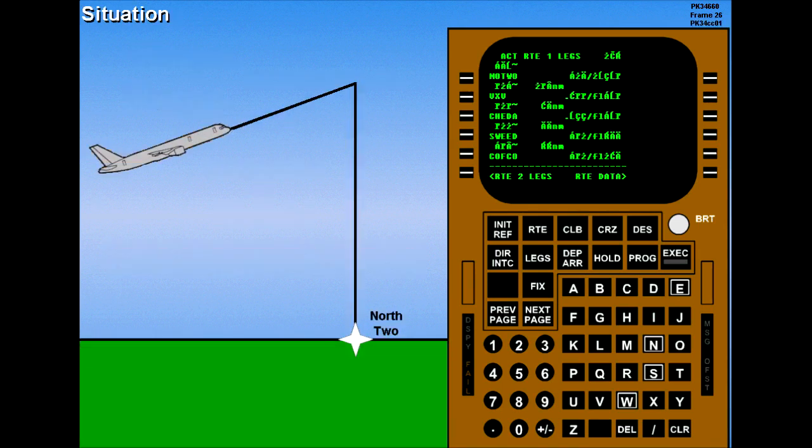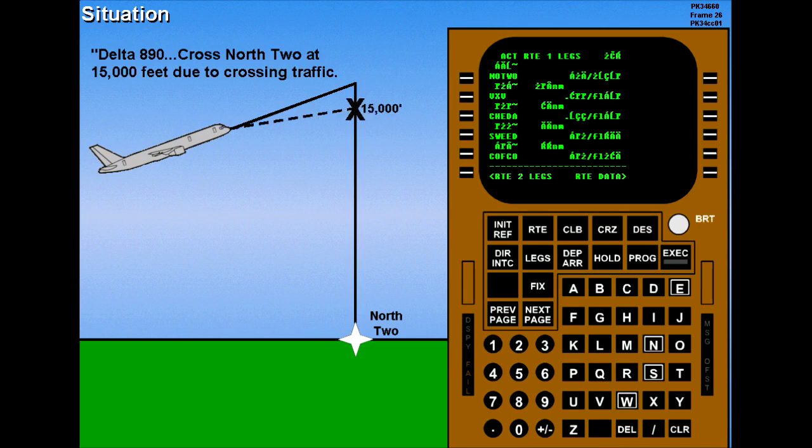In this situation, ATC has directed you to cross North 2 at 15,000 feet. This is accomplished by adding the constraint to the waypoint on the legs page.